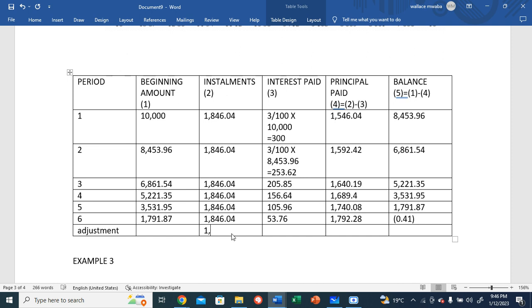We get 1,845.63. So the beginning amount still remains unchanged, 1,791.87. Right, the interest paid still remains unchanged, 53.76. So 1,845.63 minus 53.76.